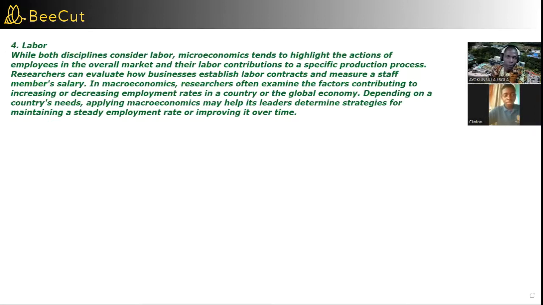And before we round up, we're going to look at the next point under comparison between macro and micro. So let's look at the last 2 points, then we round up. First point there is emphasis on supply and demand, while the second point is governmental influence on the two of them. So let's see how that goes.